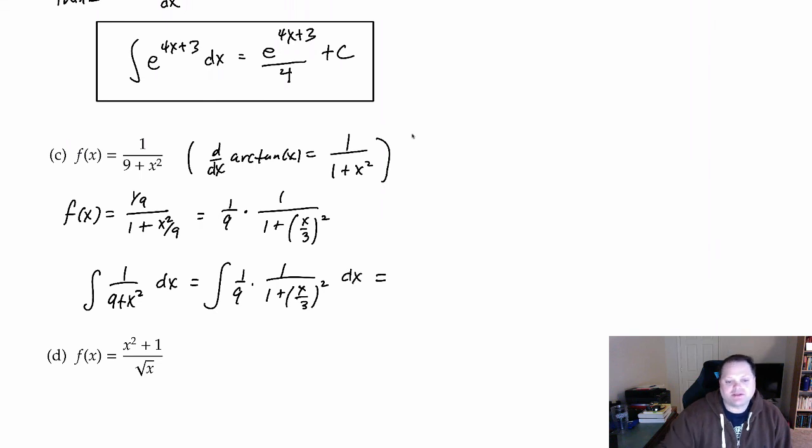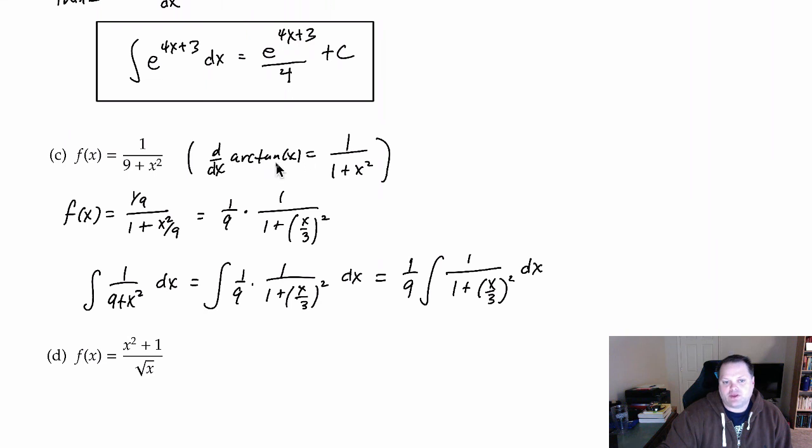I know based on my anti-differentiation rules, if I have a constant, I can factor it out. And I know based on my knowledge of derivative-antiderivative pairs that this is going to be the arctangent of x over 3, right?